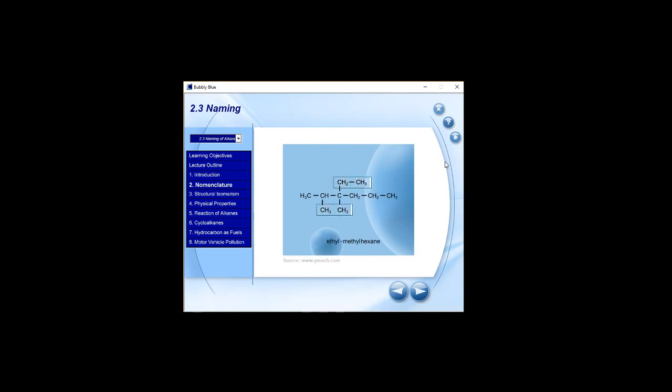Third rule: use replicating prefixes di, tri, tetra, etc. if there is more than one identical substituent attached to the main chain. Do not alphabetize the prefixes di, tri, tetra, etc. Fourth rule: number the chain from the end nearest to a substituent and identify the carbon to which the substituent is attached.